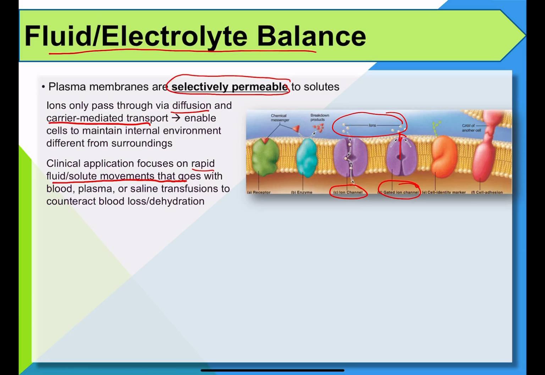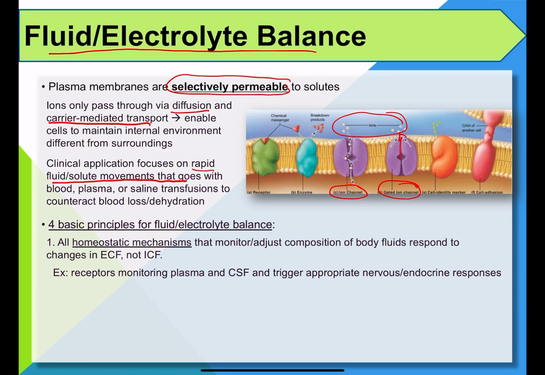Now, there are 4 basic principles for fluid and electrolyte balance we have to keep in mind when we think about all these different processes in our body. One is that all homeostatic mechanisms that monitor or adjust the composition of the body fluids respond to changes in the ECF, not the ICF.